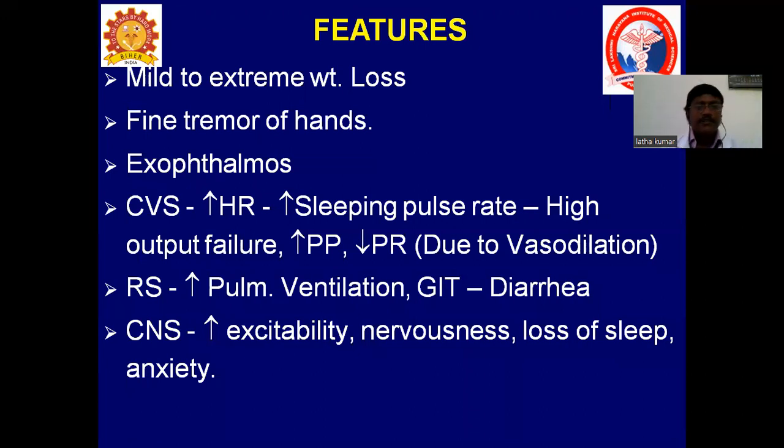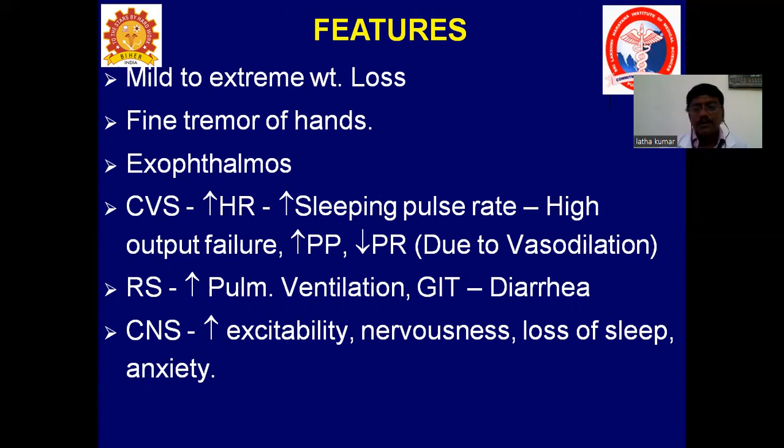Features: mild to extreme weight loss, fine tremor of hands, exophthalmos, and the cardiovascular system shows an increase in heart rate, increased sleeping pulse rate, high output failure, and increased pulse pressure, with decreased peripheral resistance due to vasodilation. The respiratory system shows increased pulmonary ventilation, and the GIT shows diarrhea.